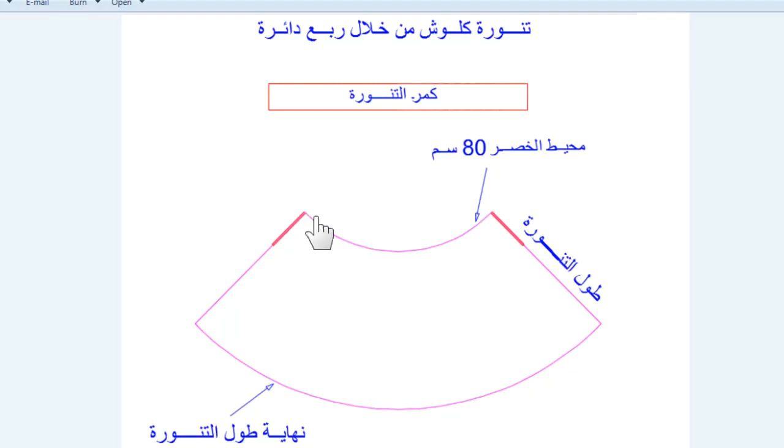Now this is the waist circulation that's 80 centimeters. This is the hem, this is the height, and this is where the zipper will be attached in one point.